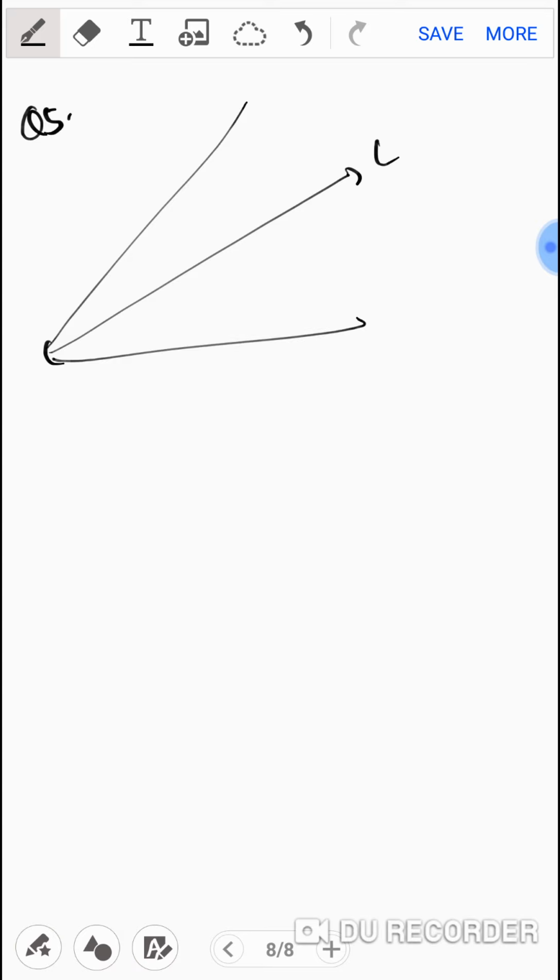Question number 5. Okay, question number 5 has a figure something like this, and line L is the bisector of angle A. So this is your A, this is the bisector, that means this angle is equal to this angle.